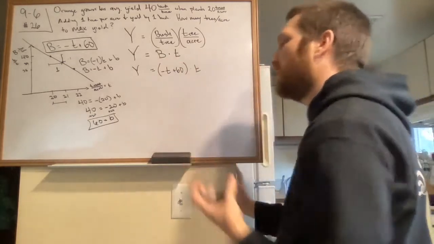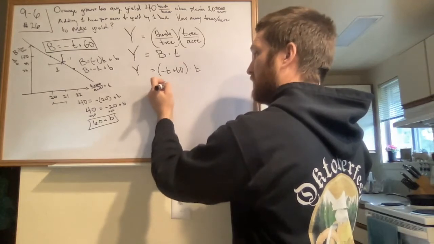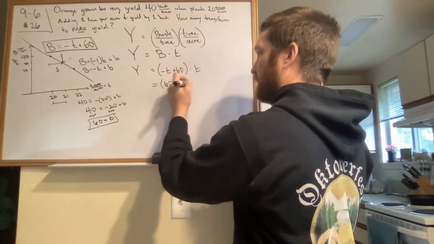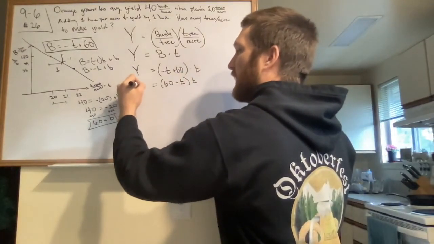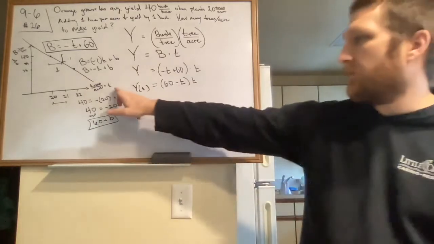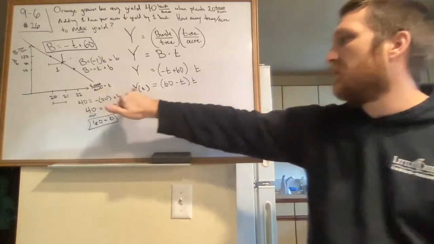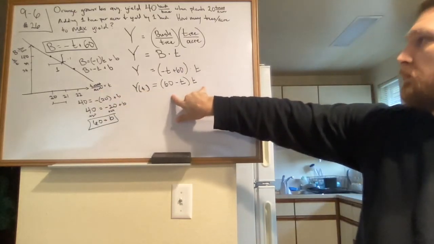I would like to first write it like this: 60 minus t times t. Now we have trees per acre, t, as my input, and my output is bushels per acre.